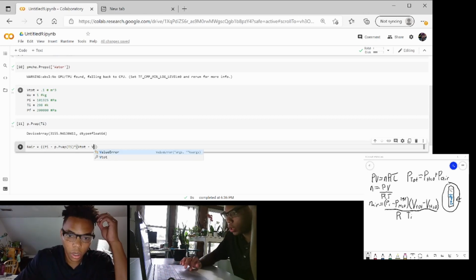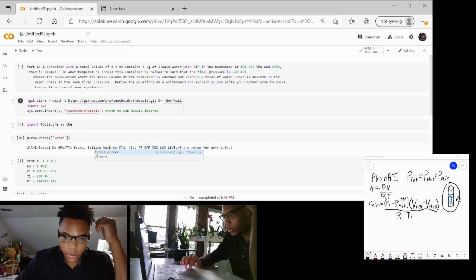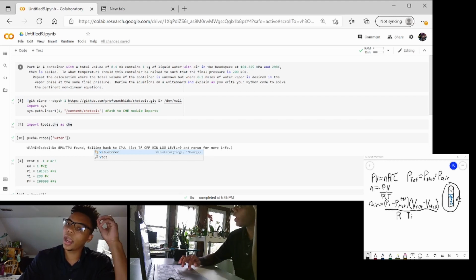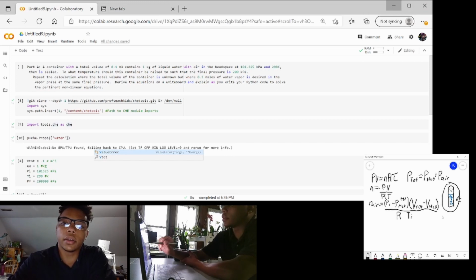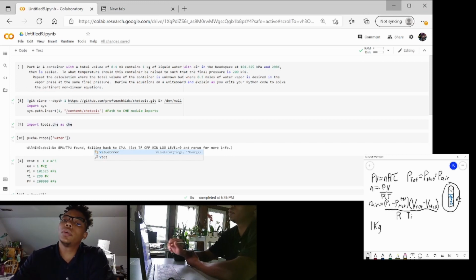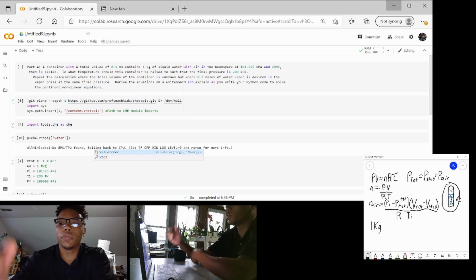Now the volume of water in our problem, we have 1 kilogram of liquid water. So we actually don't know our volume of water yet. What we do know is that we have 1 kilogram, so we know how to find our volume of water.